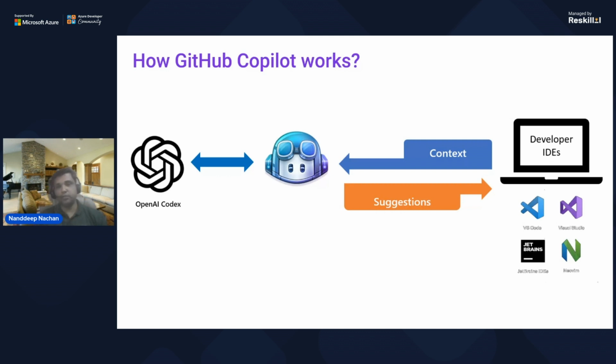GitHub Copilot uses the OpenAI Codex model and GPT-4 behind the scenes, and it returns suggestions to your code editor, where you choose what to accept and what to ignore. So simply, how does it work? GitHub Copilot takes the context from the local file. It is not attached to any repository, and the file being edited could be hosted on GitHub or in any repository, but that's not a requirement.